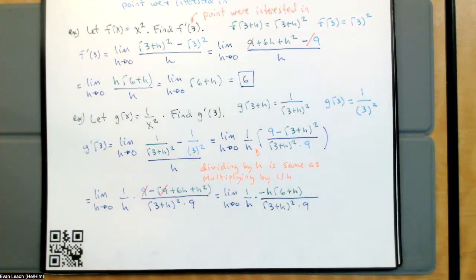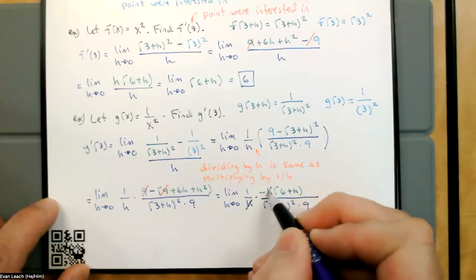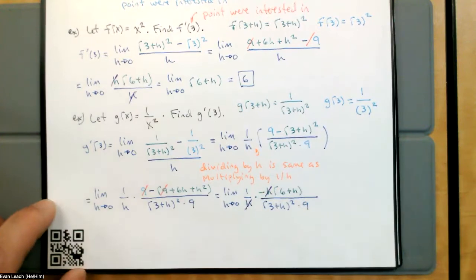And now the thing that I wanted to happen can happen. That h from the denominator that was preventing us from plugging in 0 has now been canceled, just like in the previous problem. Now these h's can cancel out, just like up here when these h's canceled out.